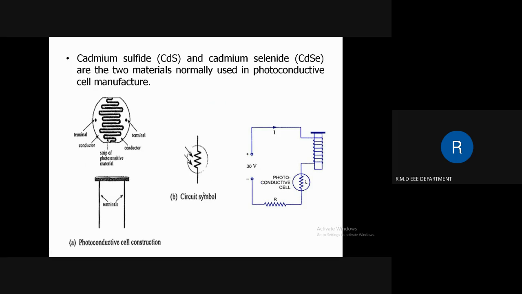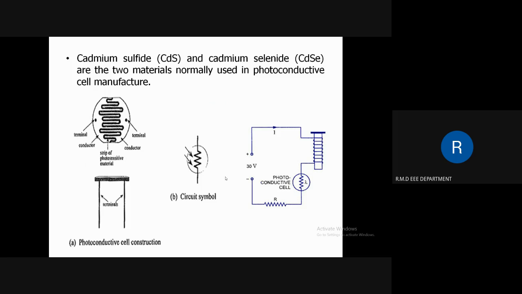Thus, the light sensitive material is a short, wide strip between the two conductors. For protection, a transparent plastic cover is included over this strip. The materials used for this photoconductive cell are cadmium sulfide and cadmium selenide.